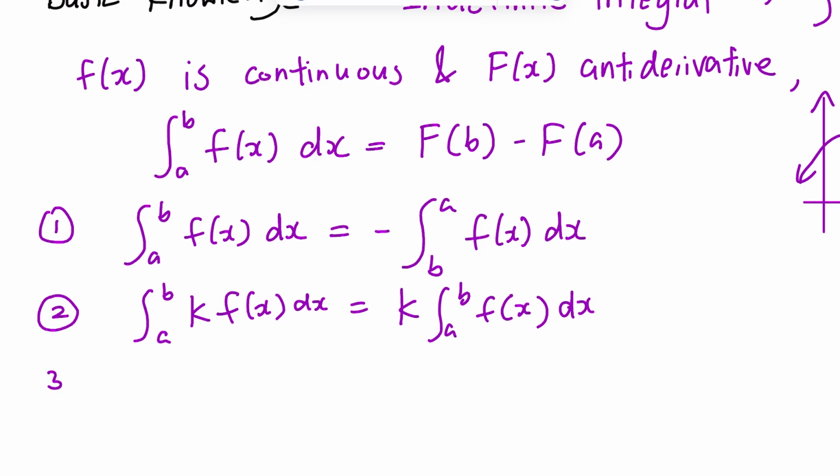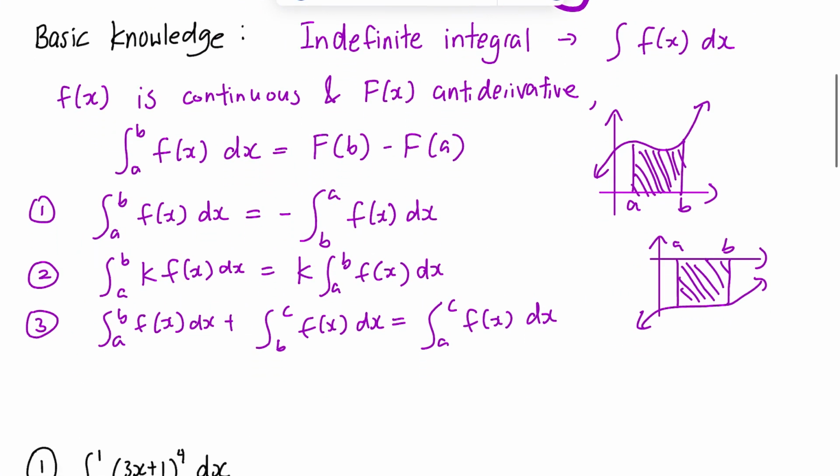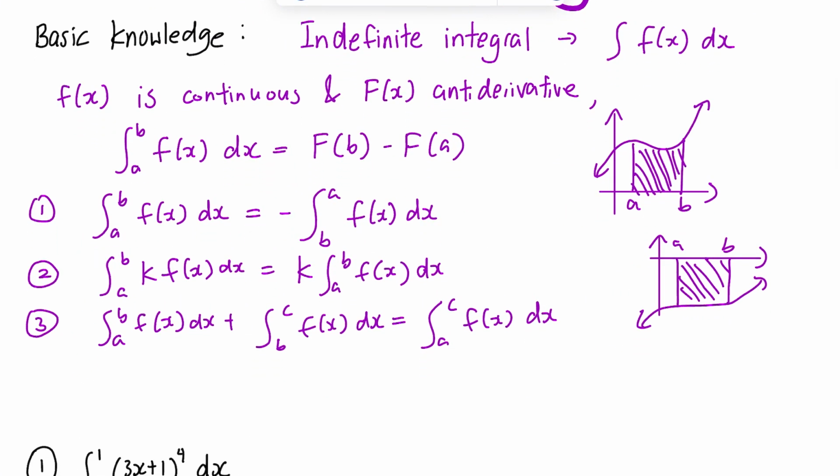And then third, we have if the integral of f of x from a to b plus another from b to c, let's say, then that would be equal to the integral from a all the way to c. I know this is also a little confusing, but let me just explain that real quick.